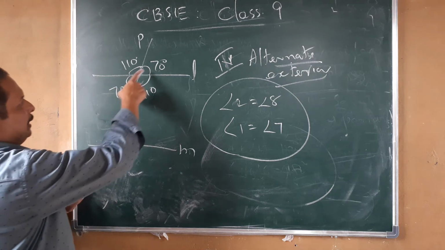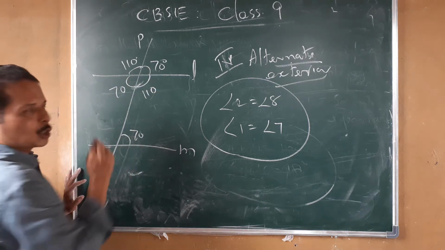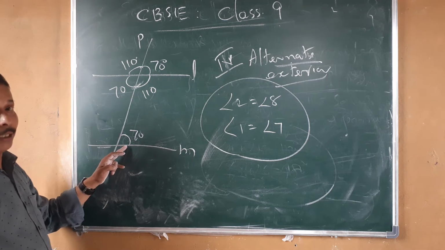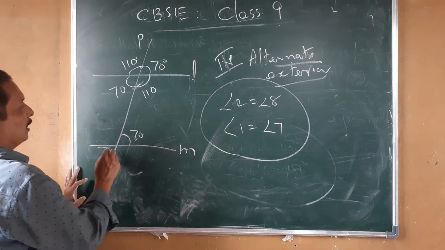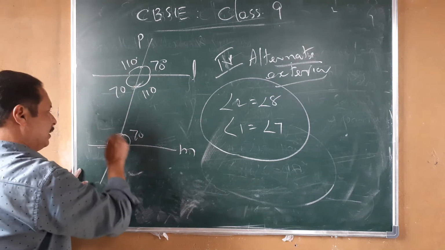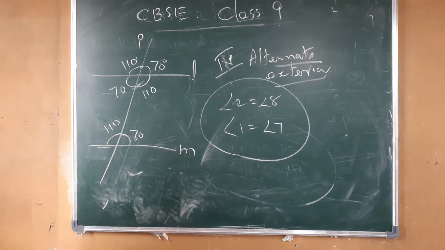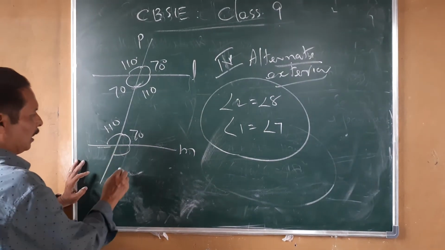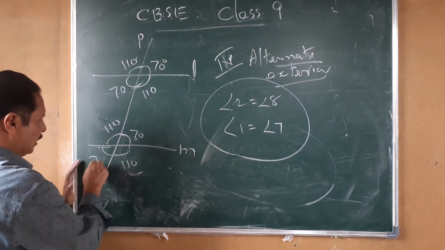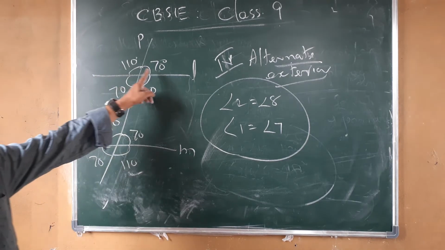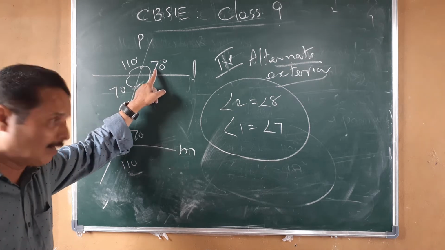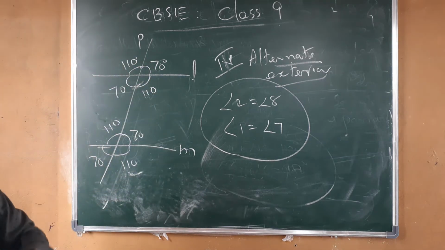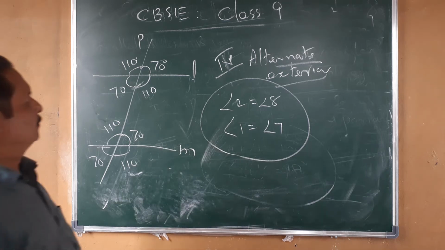And if this angle is 70, this is also 70. Remember corresponding angles? If this is 110, here also 110. Clear? Here also vertically opposite. So if one of the angles is given, you get the other 7 angles also. Is it clear? Are you ready?